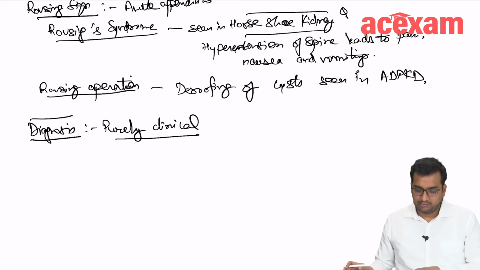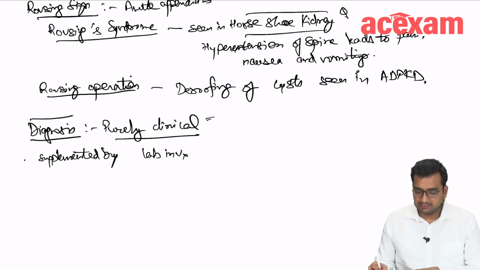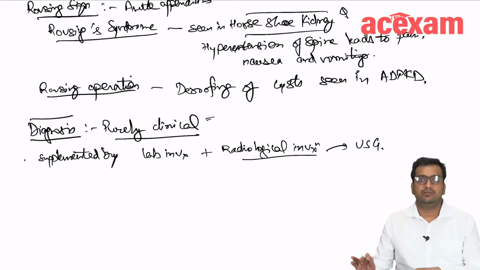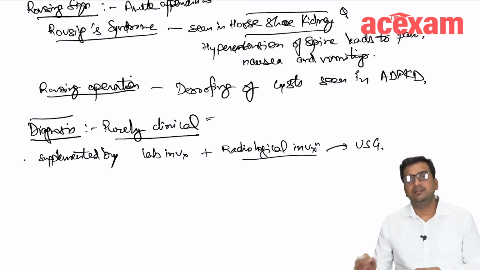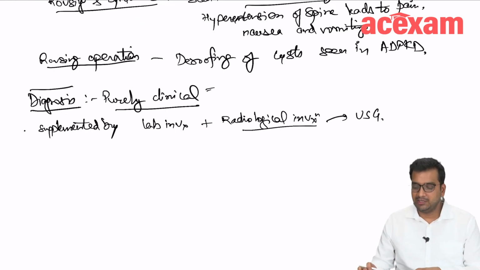It is supplemented by laboratory and radiological investigations. Most commonly, the radiological investigation that we do in acute appendicitis is ultrasound. CT scan is rarely done and is only done in cases with equivocal findings.